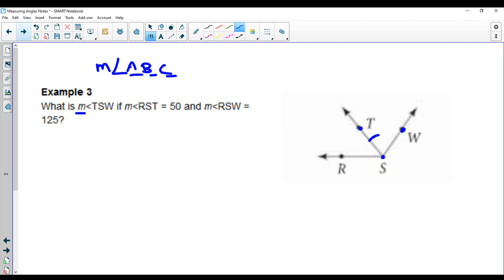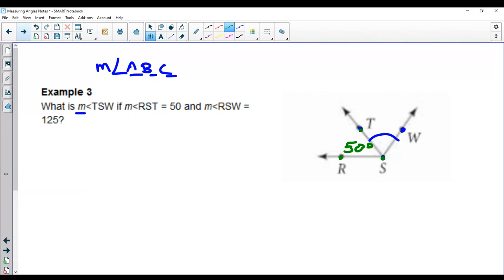I want that piece right there. What is the measure of that if the measure of RST, so let me label, RST. They're telling me that angle is 50 degrees. We measure angles in degrees, by the way, so 50 degrees. And the measure of RSW.